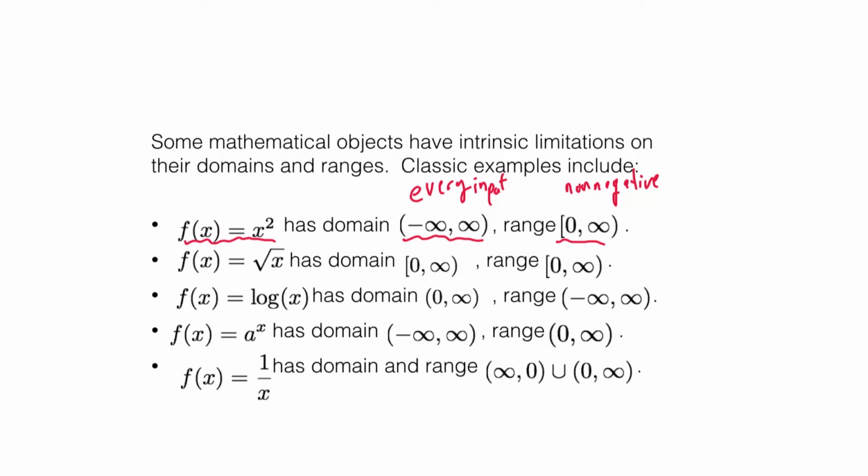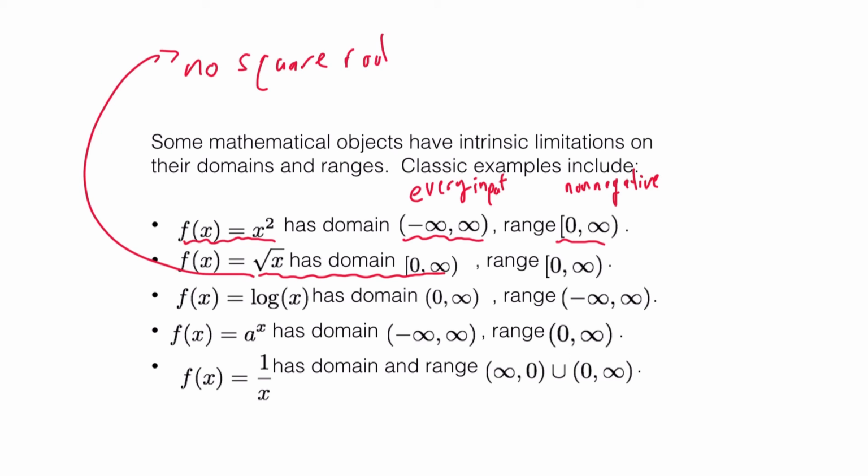Conversely, if I look at the square root function, I can't take the square root of a negative number. Well, I can in the complex sense, but not in this sense. So no square roots of negative numbers.